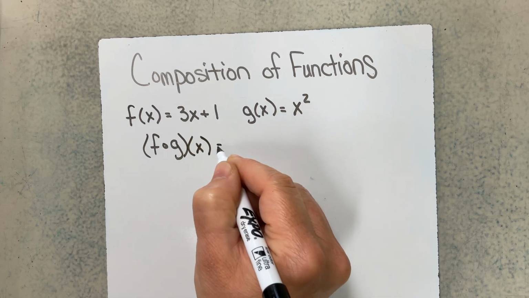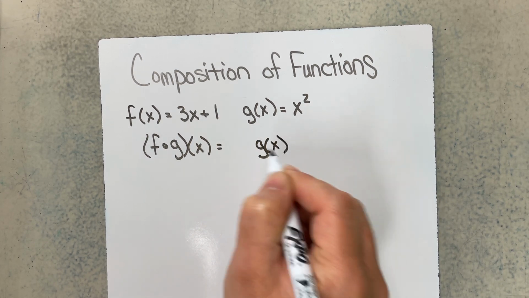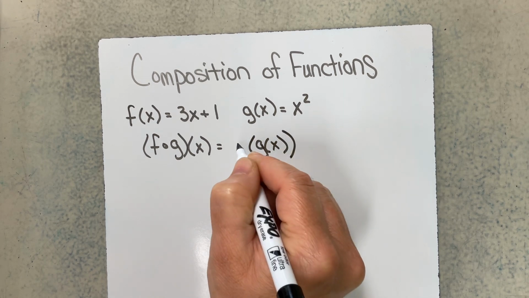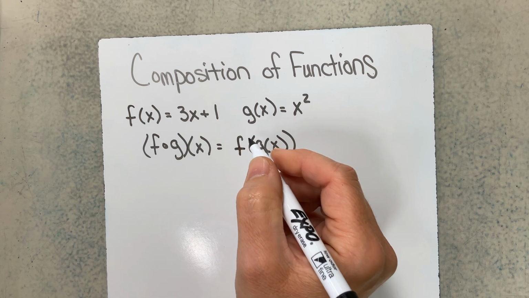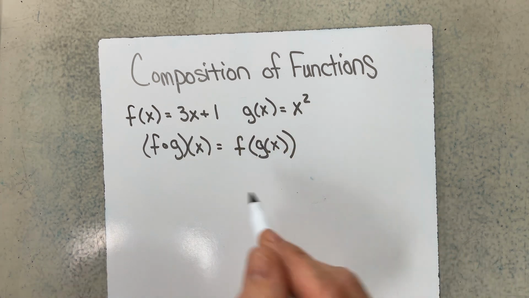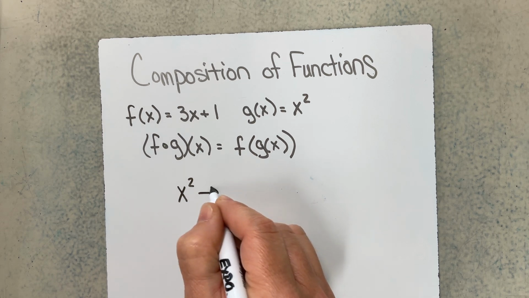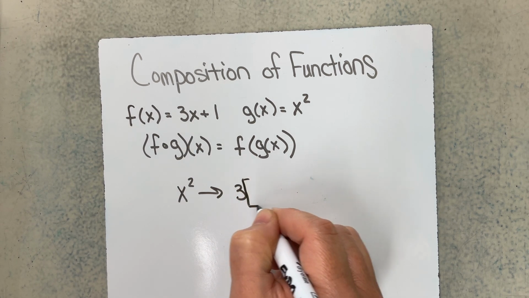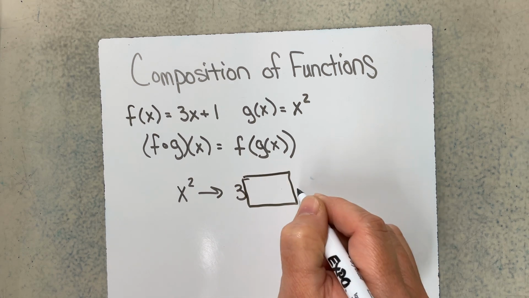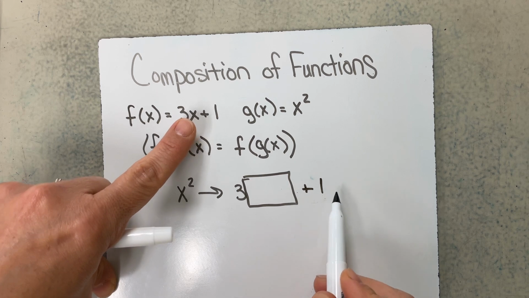That just means our g of x is going to be plugged inside our f of x. Our g of x, our x squared, is going to be plugged inside the x term. So here's 3 and our x term plus 1.